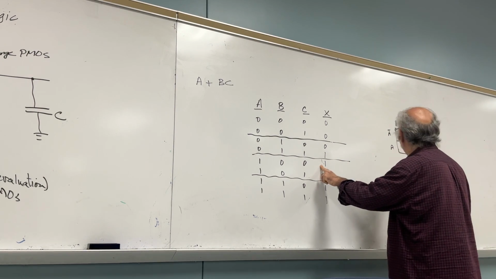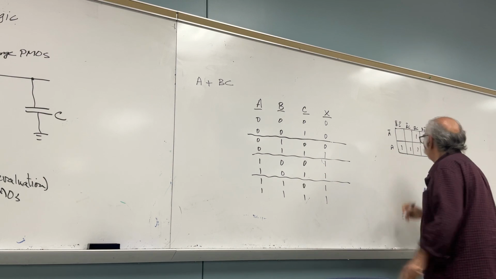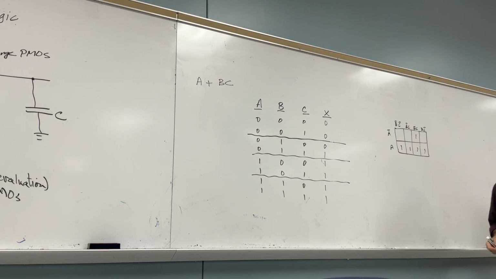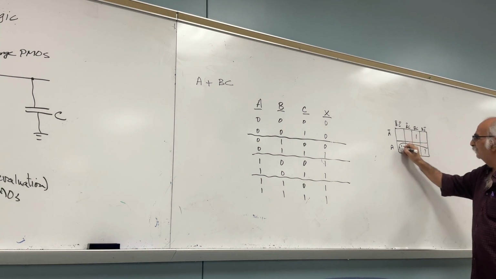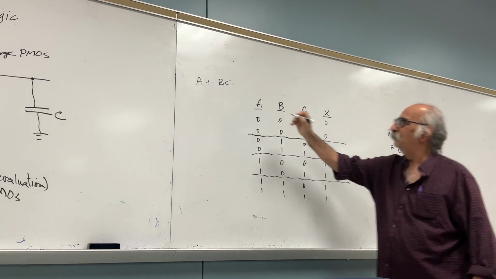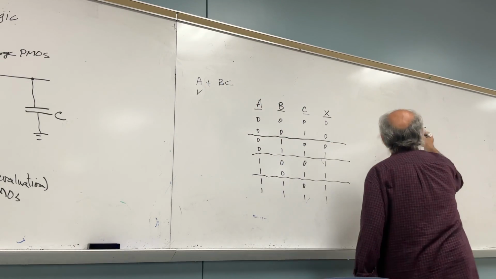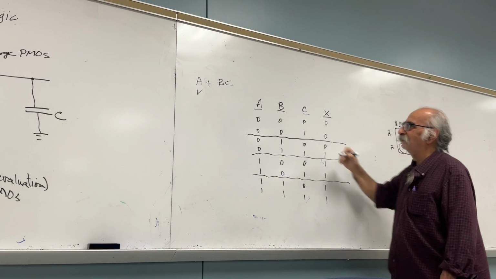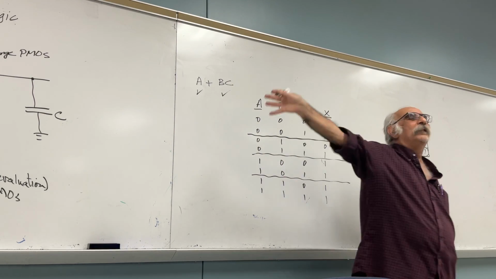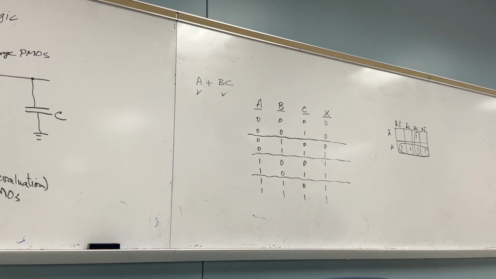And then what? These are all these. What is this? A, A. And what is this? B C, BC. What does that tell you? You cannot simplify this logic. Clear? Okay.